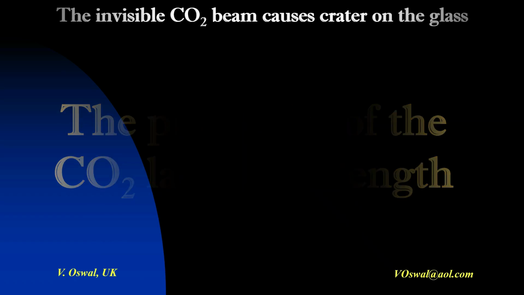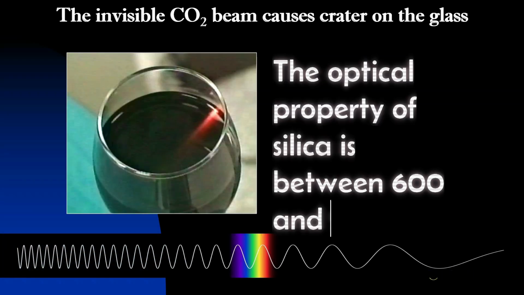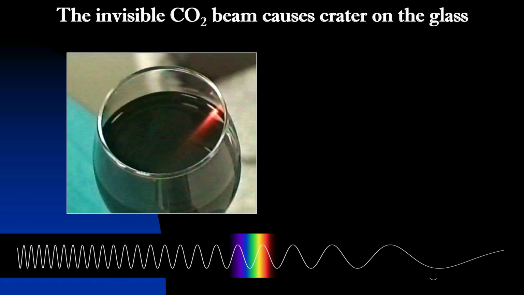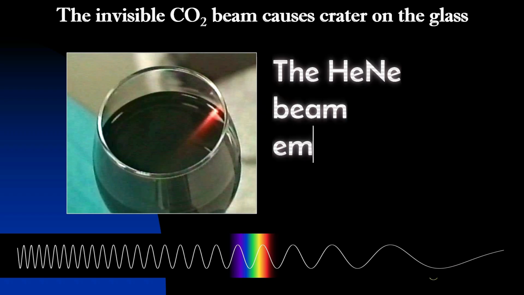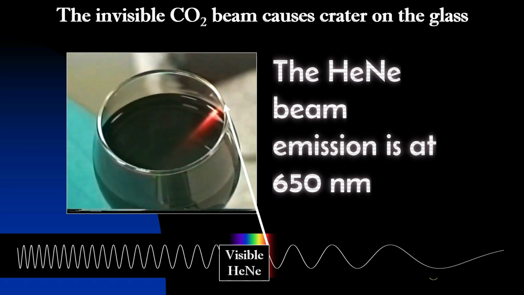We carried out experiments to demonstrate the emission of the Heine and the CO2 wavelengths. Wine glass is made of silica, which has an optical property between 600 nanometers and 2000 nanometers. The Heine beam emission at 650 nanometers aligns with the optical range of the silica.